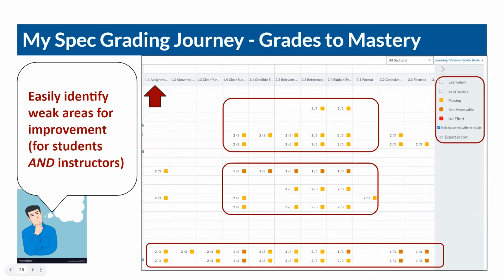My class is not that big, but in a big class, trying to help individually is nearly impossible. But that counters the notion that in my class, they're seniors. They need to be able to take control of their own destiny and really understand what their weak spots and gaps are and take control of how they can fill these gaps themselves. So I find this tool very useful, not only for me as an instructor, but also for the students who really understand what they don't understand and fill the gaps.